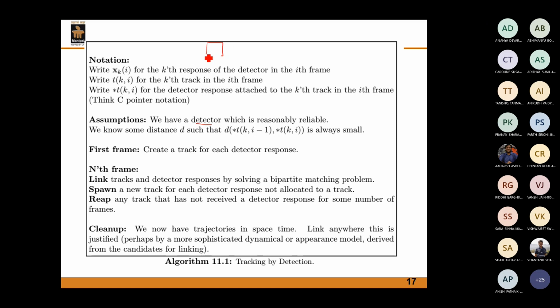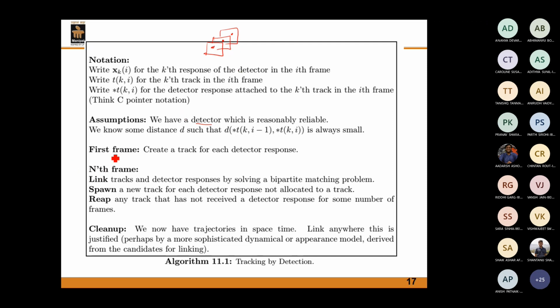If you have multiple frames like this, this detector should be able to identify the object in all the frames. After identifying the object, the positions or whatever information is obtained from the detector output response are linked together or joined together to form the trajectory, right? Now, how exactly is it done?